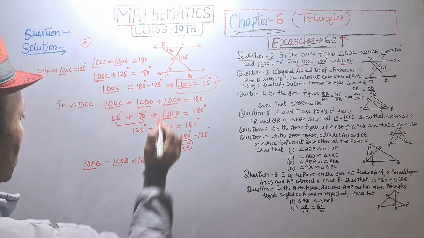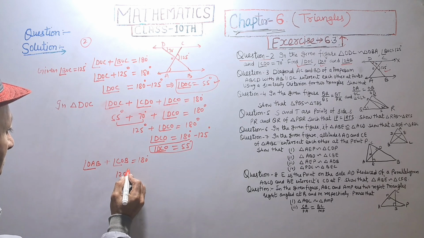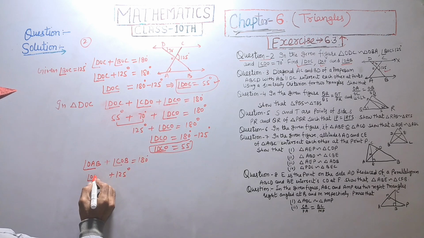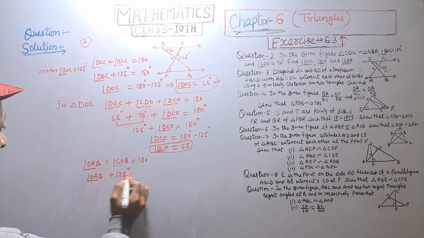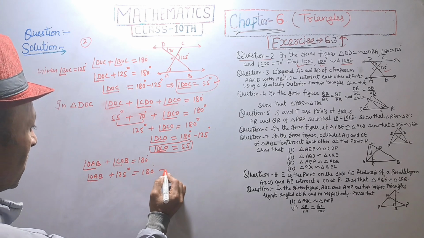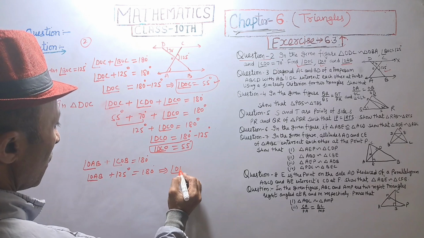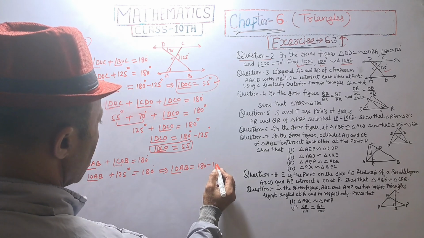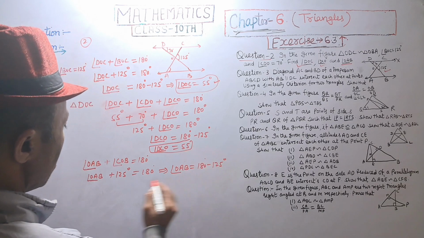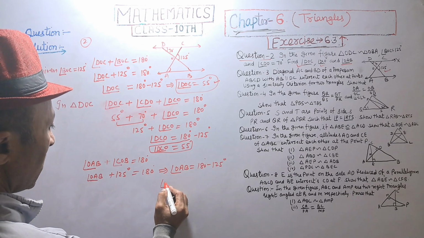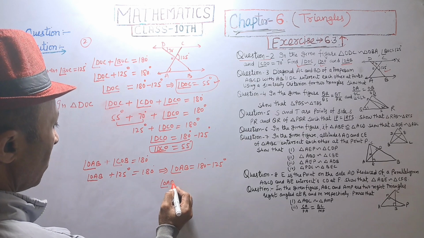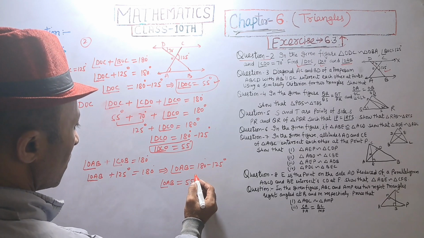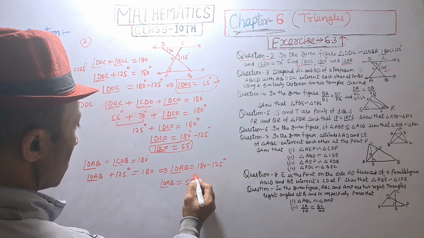Angle COB is 125 degrees plus angle OAB is equal to 180 degrees. This implies angle OAB is equal to 180 degrees minus 125 degrees. Shifting to the right side, we get angle OAB equal to 55 degrees.